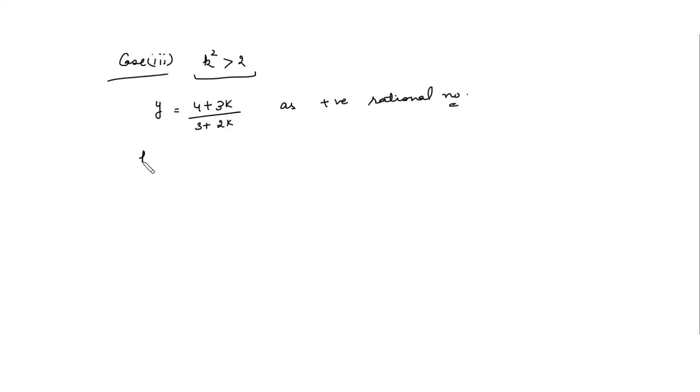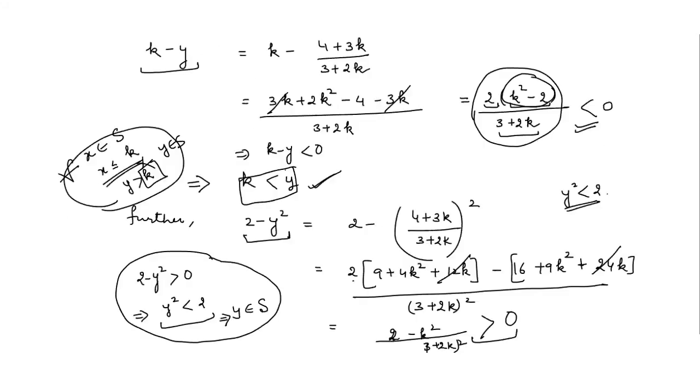Case third, we will assume that k square is strictly greater than 2, right? Again, we choose the rational number y to be the same as 4 plus 3k upon 3 plus 2k, a positive rational number. Again, we find k minus y.